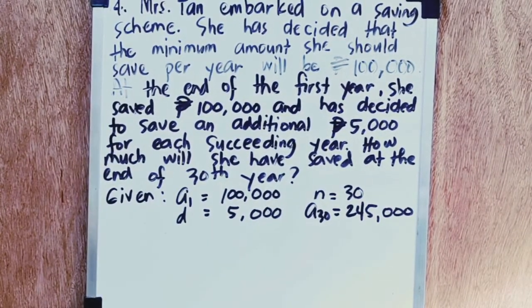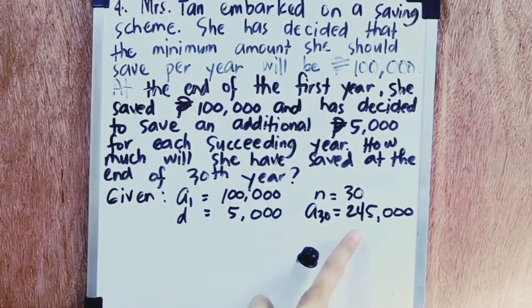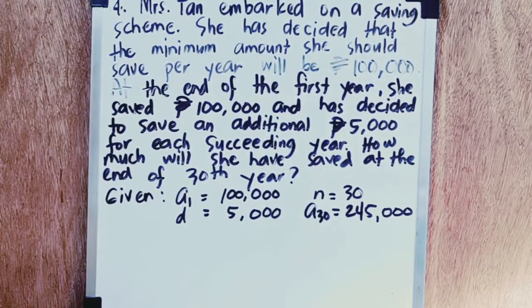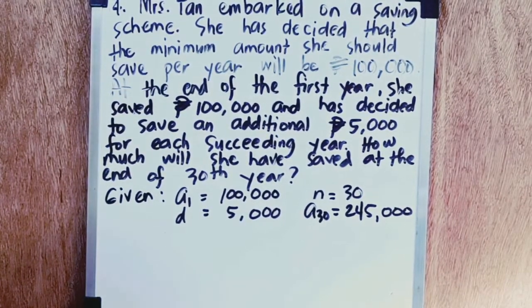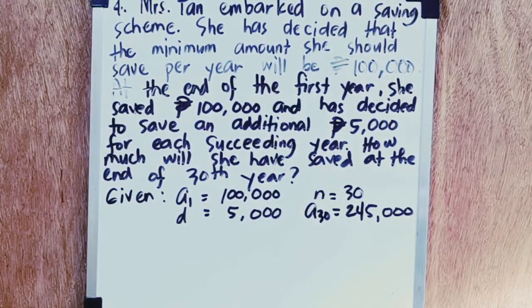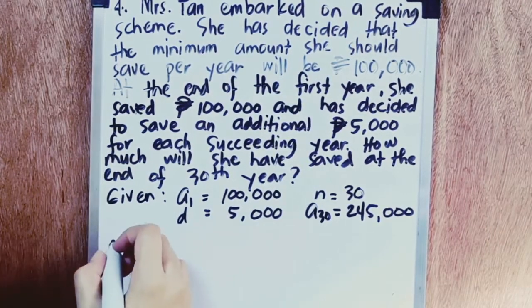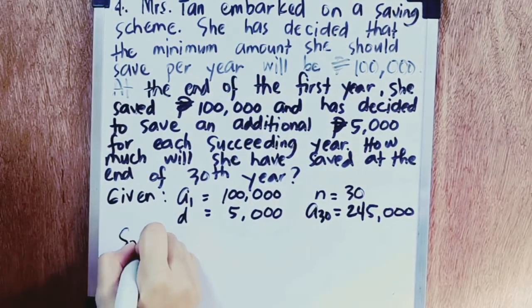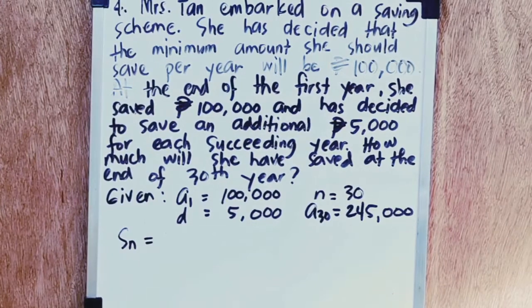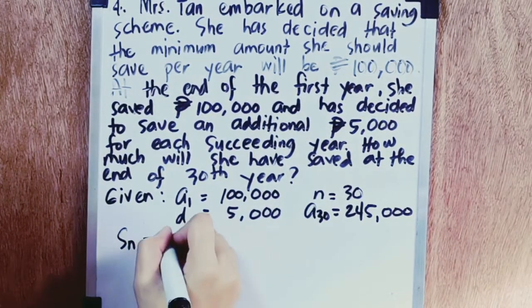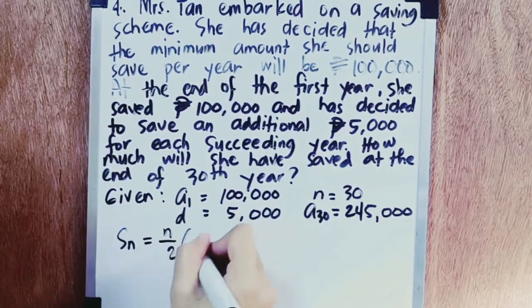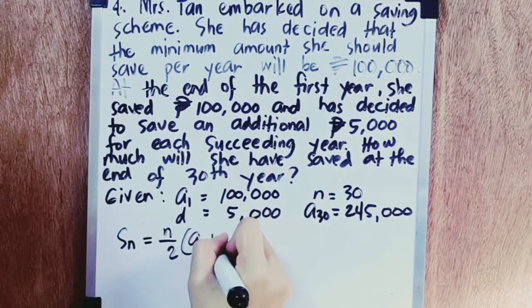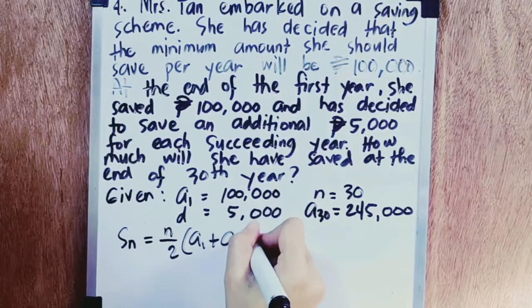So if we have the last term, which is 245,000, we can now find the total amount that she saved in 30 years. So let us use the formula in finding the sum. S sub n equals n over 2 times the quantity of A sub 1 plus A sub n.